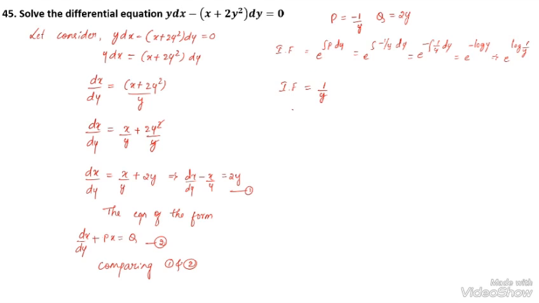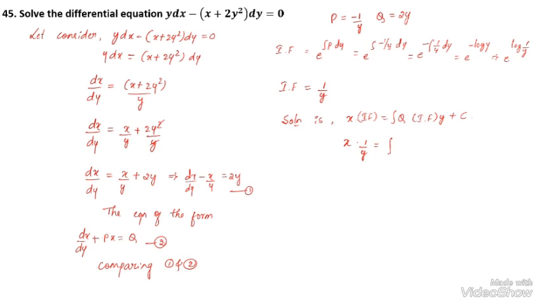Now the solution is x into integrating factor is equals to integration of q into integrating factor into dy plus some constant. Here x, what is the integrating factor? That is 1 by y is equals to integration of q, what is the value of q?